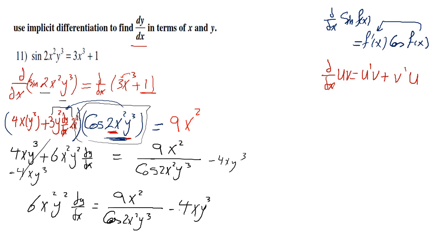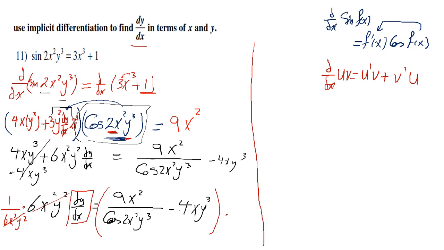Then I will multiply this part by the reciprocal of 6x squared y squared, so I can cancel that one, and I keep dy by dx. So I've got to multiply the right hand side by 1 over 6x squared y squared. So let's continue here.